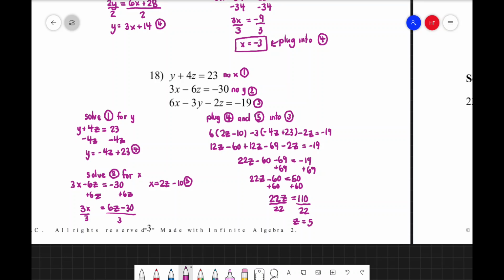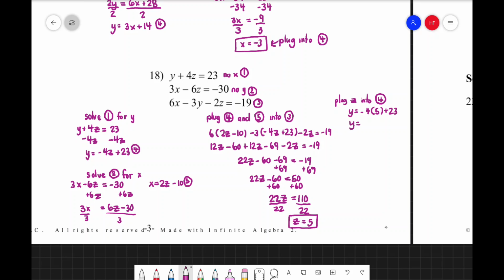So now I have what z equals. And I wrote both of my other variables in terms of z. So I'm going to plug z into 4. So I get y equals negative 4 times 5 plus 23.